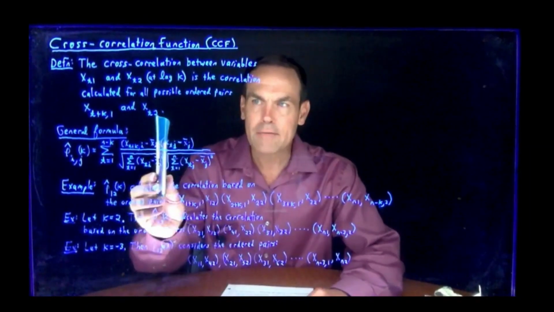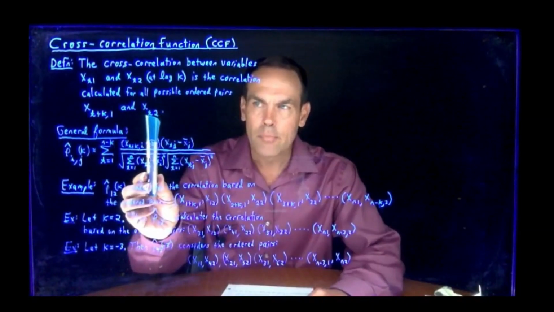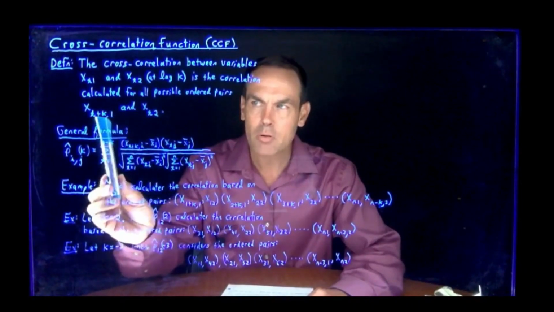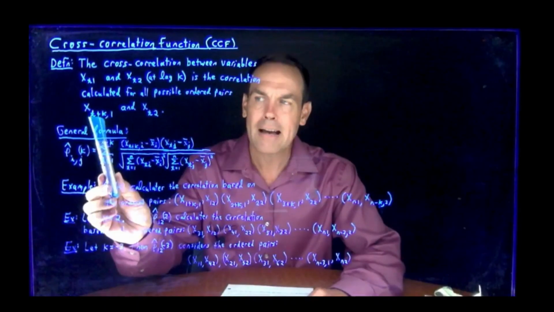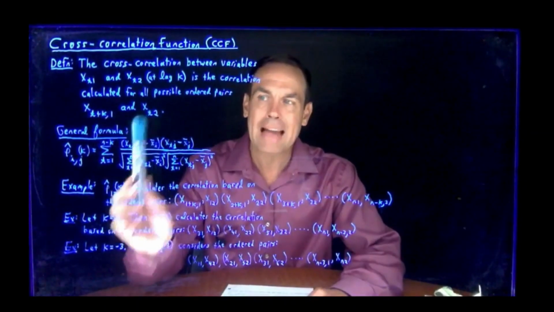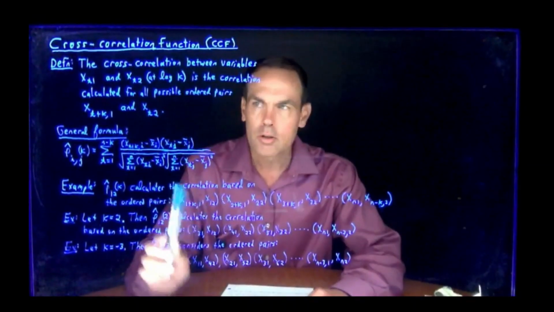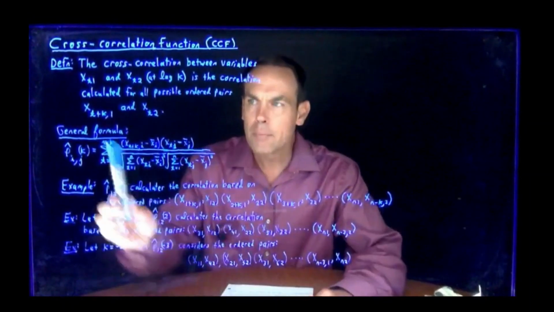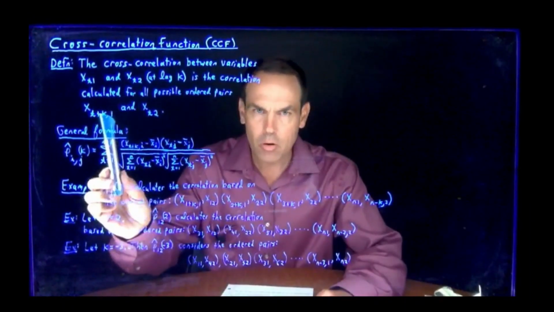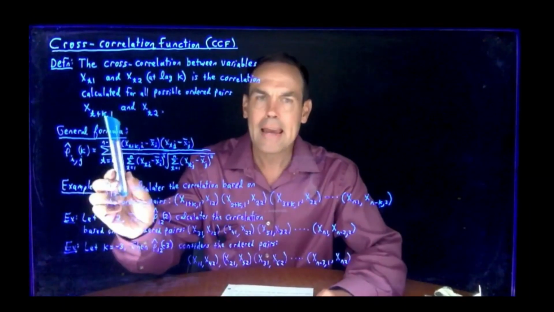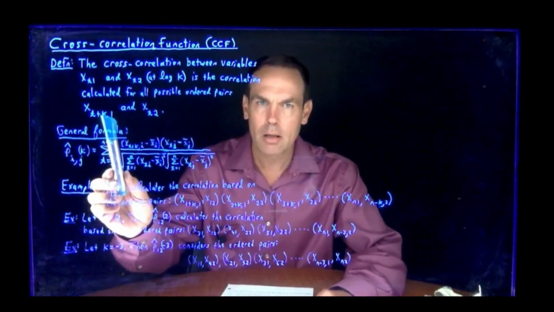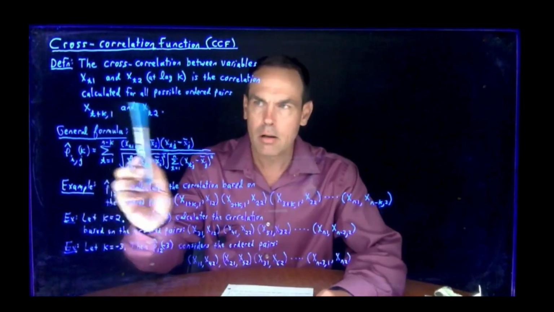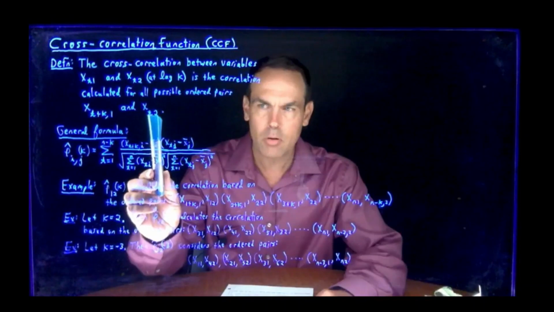So this is the second variable, at time t. Notice that this first variable has, for the first subscript, the time plus whatever the lag is. So we've got to get it set in our minds that this first variable is k time points ahead of the second variable.